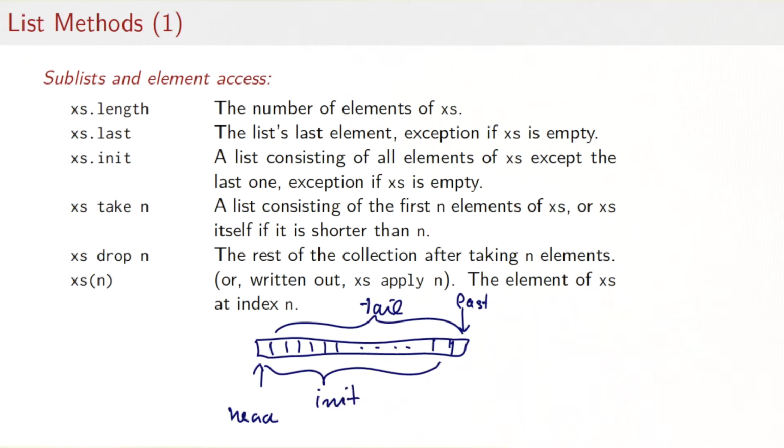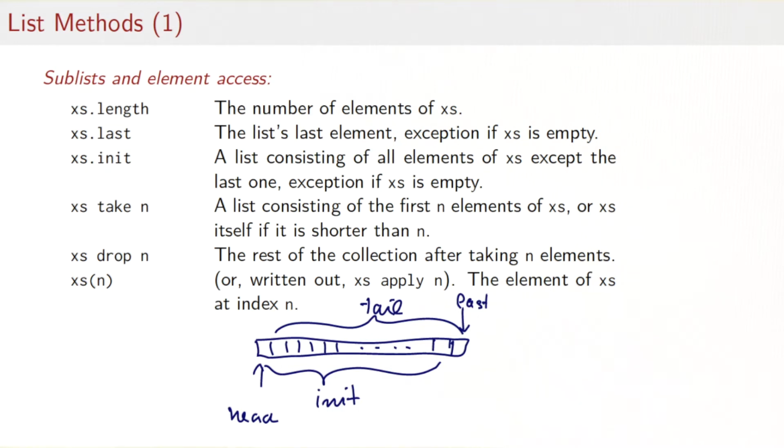Then there's also take and drop. So take takes an arbitrary prefix of elements in the list, whereas drop would give you back all the elements in the list except for some prefix. So it would drop a number of elements from the beginning and then give you back the remainder of the list.